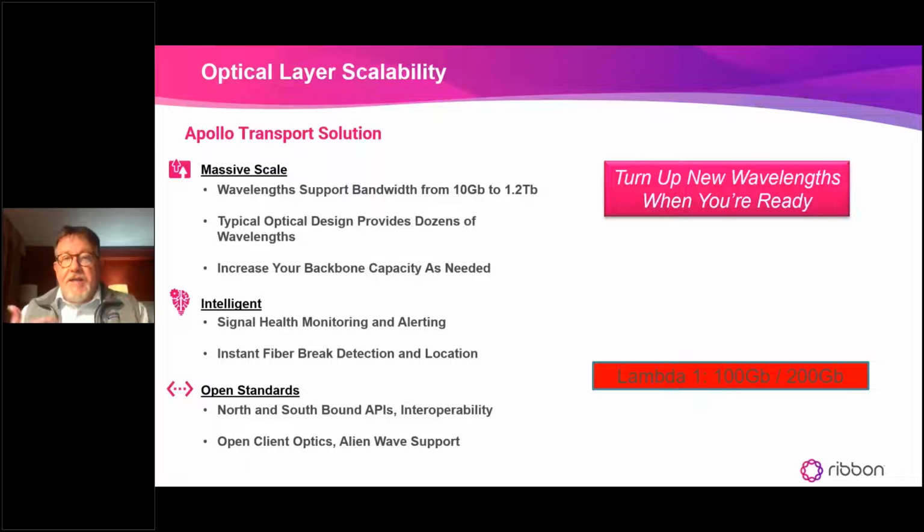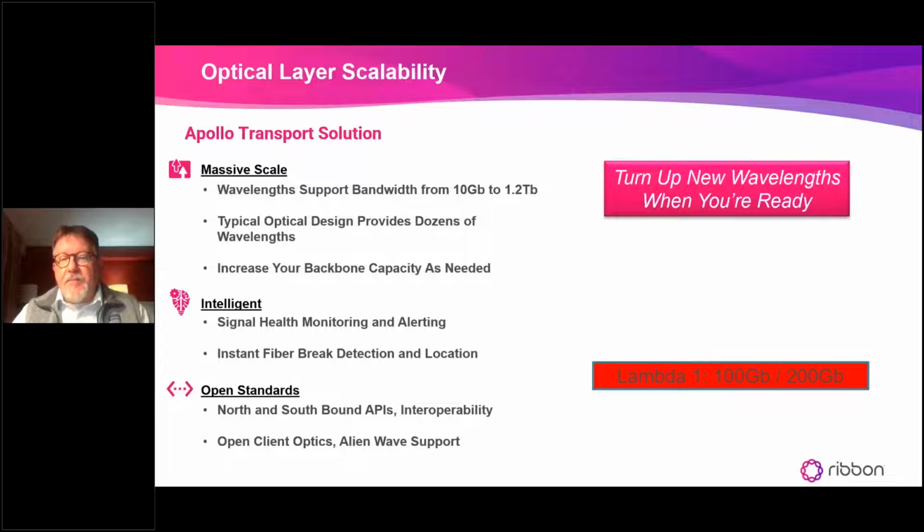All of those get engineered into the design when we build it, but easily dozens and dozens of wavelengths. The other great thing is that once the system is built, let's say we build a 48 channel solution, right? So think of a highway that's 48 lanes wide. Well, you don't need to use all of that if all you have is one truck, right? You're going to use one lane, right?